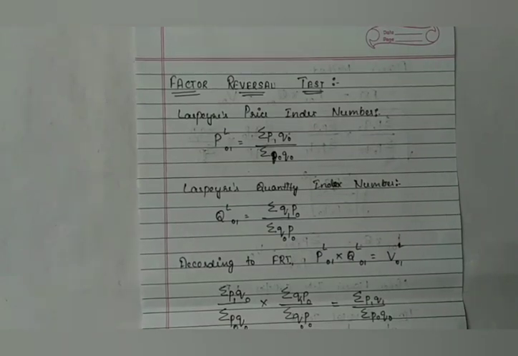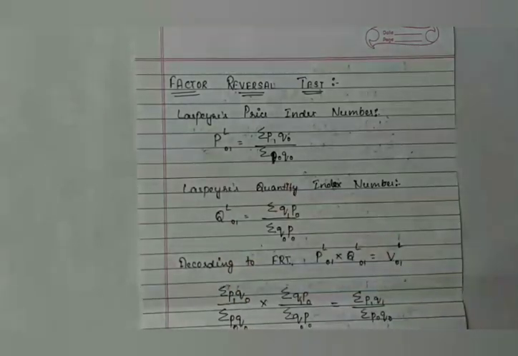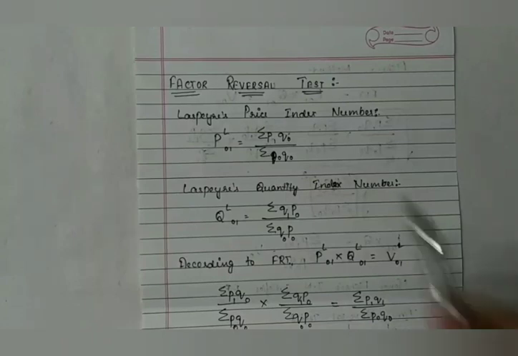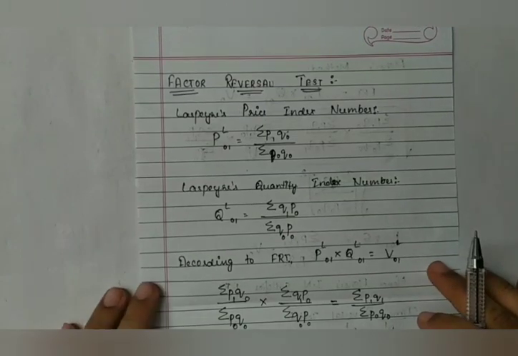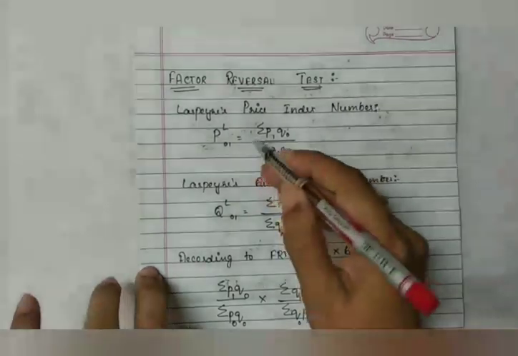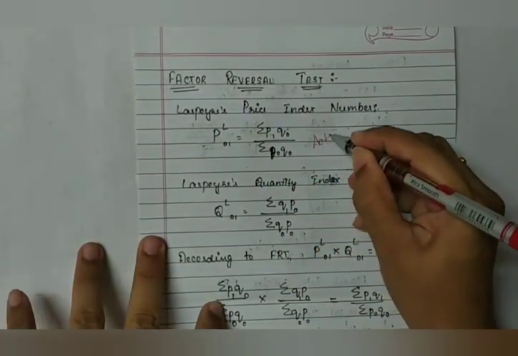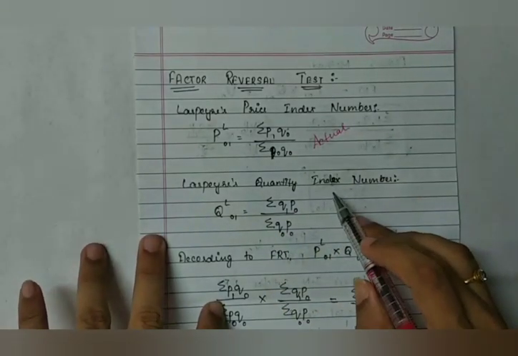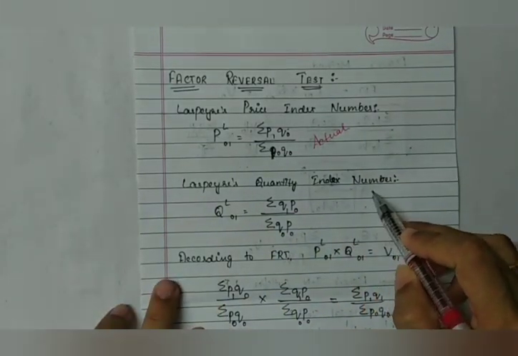So now let's see how factor reversal test is satisfied only by Fisher's index number. That means it is not satisfied by Laspeyres price index number, isn't it? So let's see why. What is the reason behind factor reversal test not being satisfied with Laspeyres price index number? So this is our actual formula here, and this is Laspeyres quantity index number, isn't it?